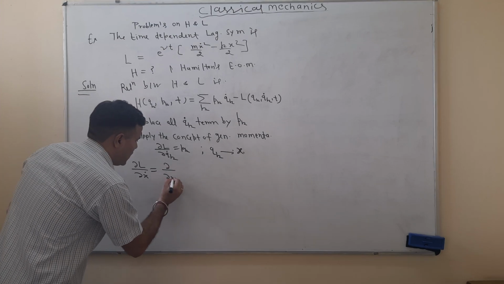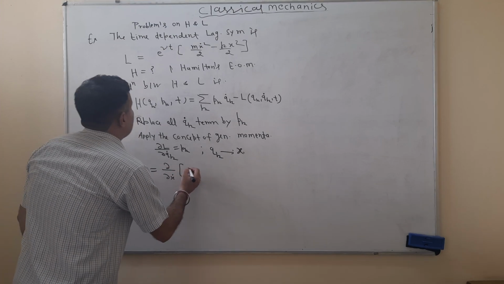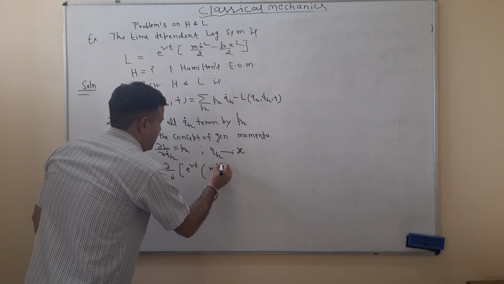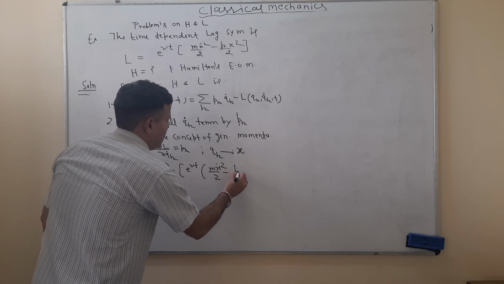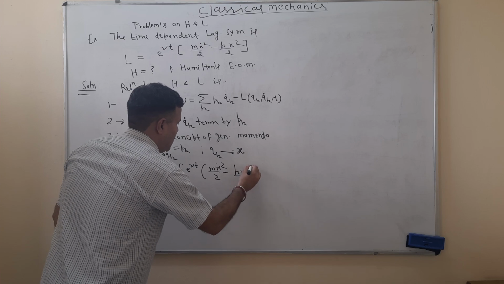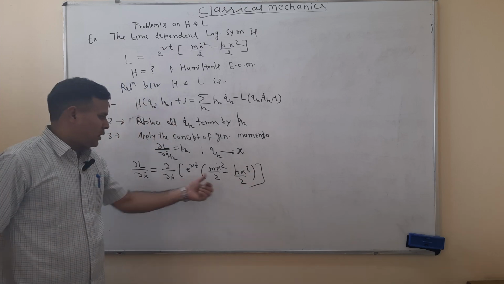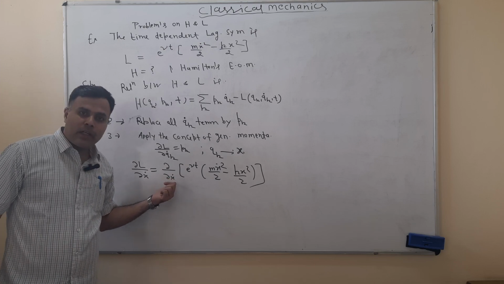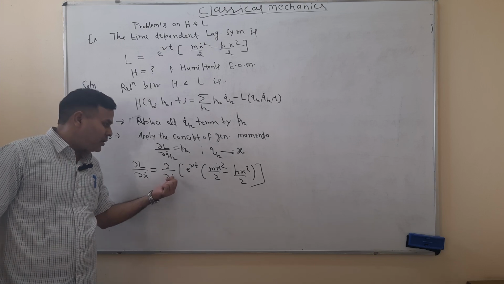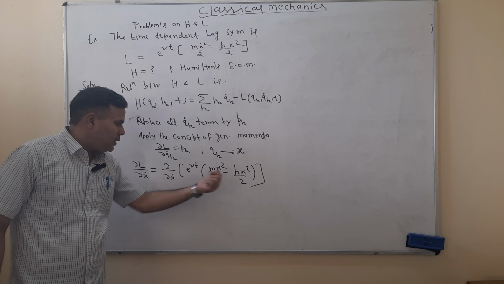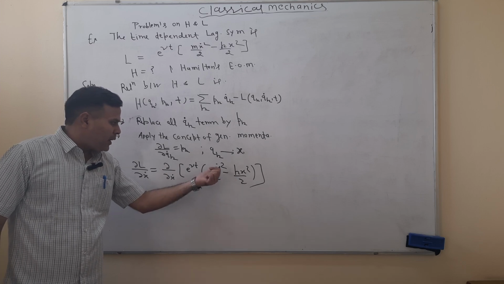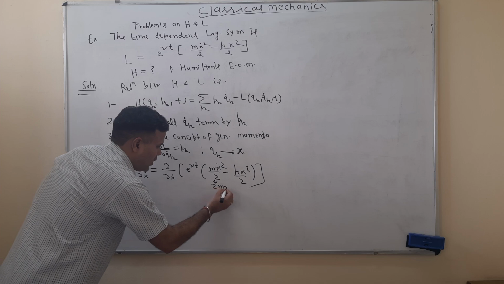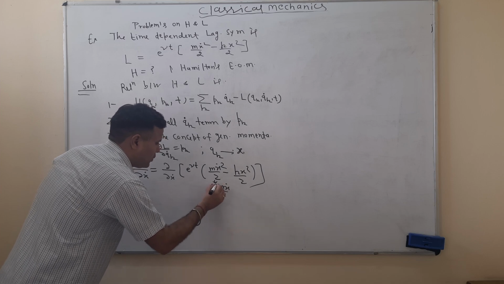So del by del x dot of e to the power nu t times mx dot square by 2 minus kx square by 2. Since e to the power nu t is a constant with respect to x dot, and kx square by 2 is also constant, differentiating partially with respect to x dot gives twice mx dot by 2, so the 2s cancel out.